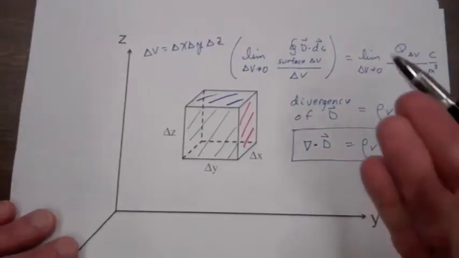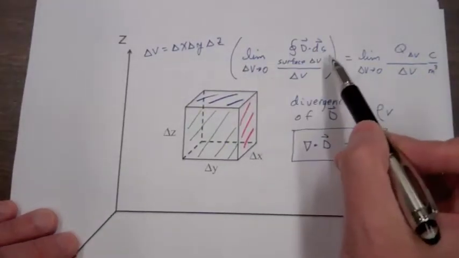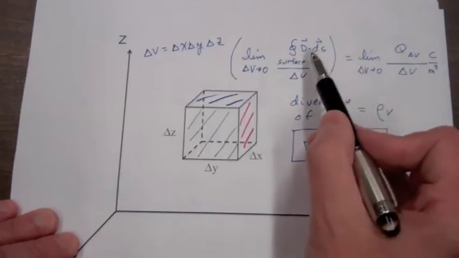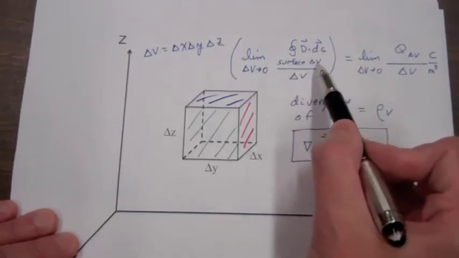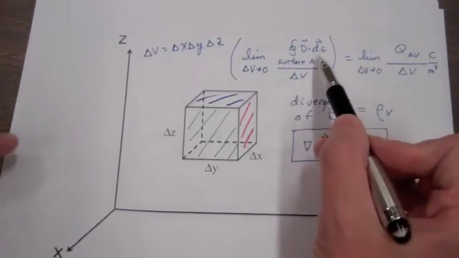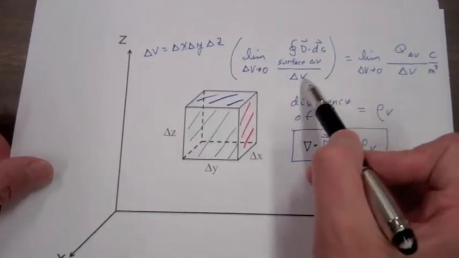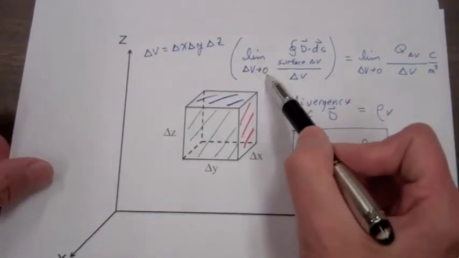Okay, so now let's go to our definition of the divergence of d. So we have the integral of d dot ds over the surface of our cube. Now we're going to take that, divide by delta v, and take the limit as delta v goes to 0.